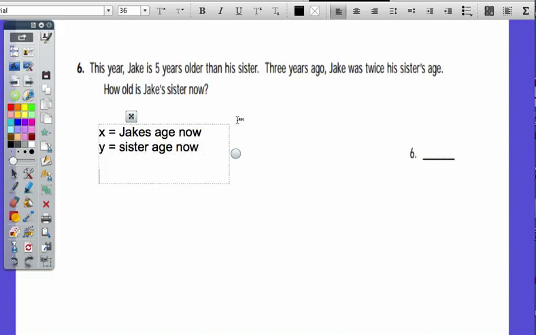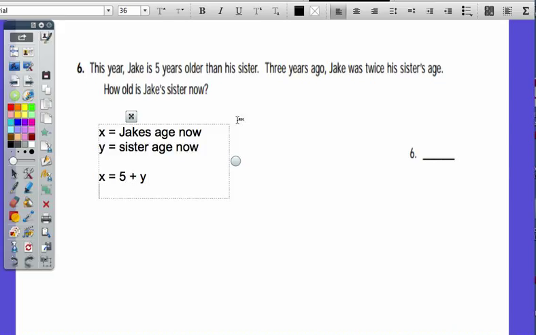Okay. So I know Jake is 5 years older than his sister. So I'm going to let x, that's Jake's age, be equal to 5 years older. 5 years older means that it's going to be plus. So 5 plus his sister's age. That means Jake's older, 5 years older than his sister.